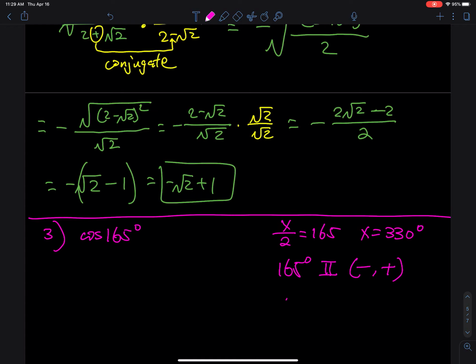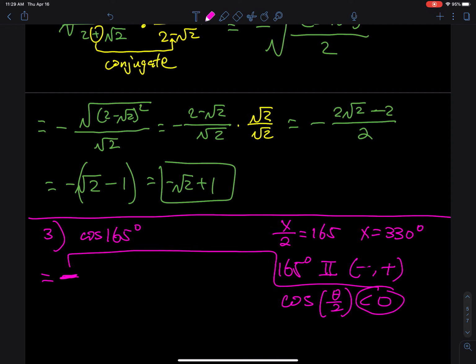And then the cosine half theta, so x is negative, so that is going to carry over to the sine. So this will be a negative because negative x will be carried over right here. And then you have a 1 plus cosine 330 degree divided by 2.